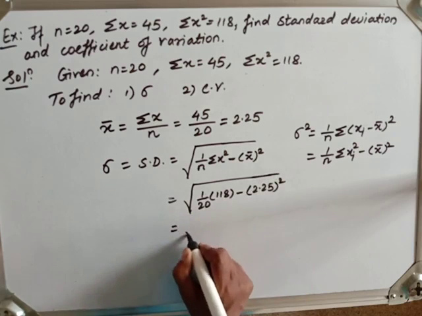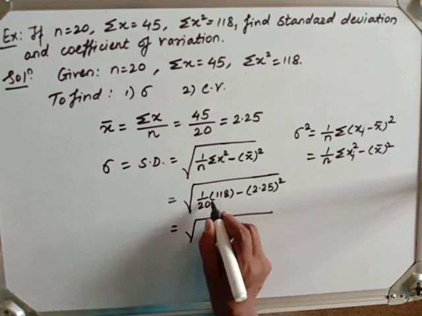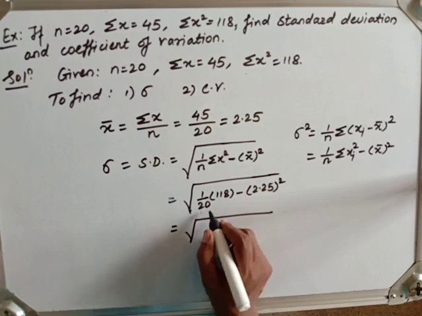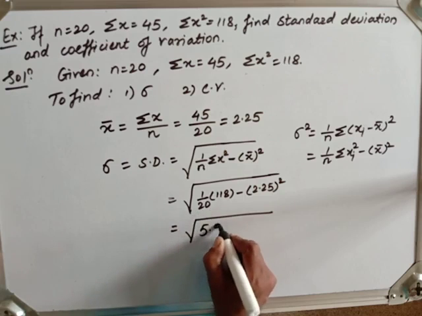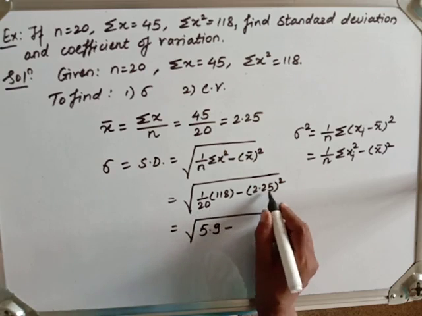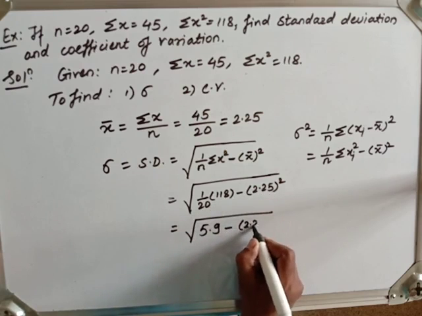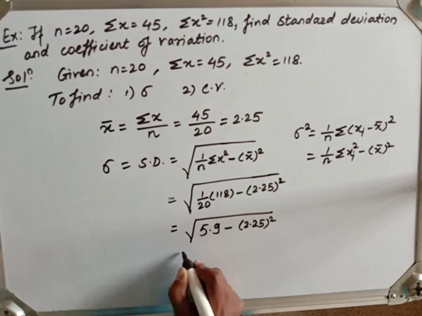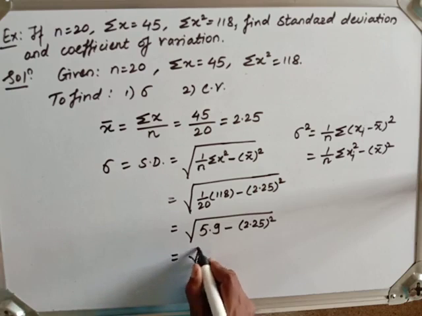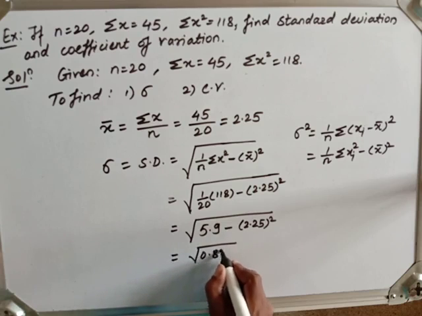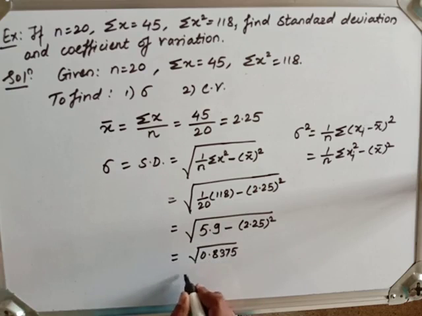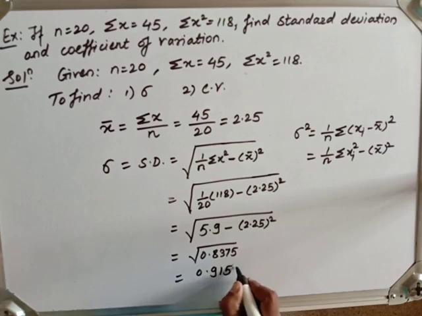The square root of 118 upon 20, which is 5.9, minus 2.25 square. This subtraction is 0.8375, and the positive square root of this is 0.9151. This is the standard deviation.